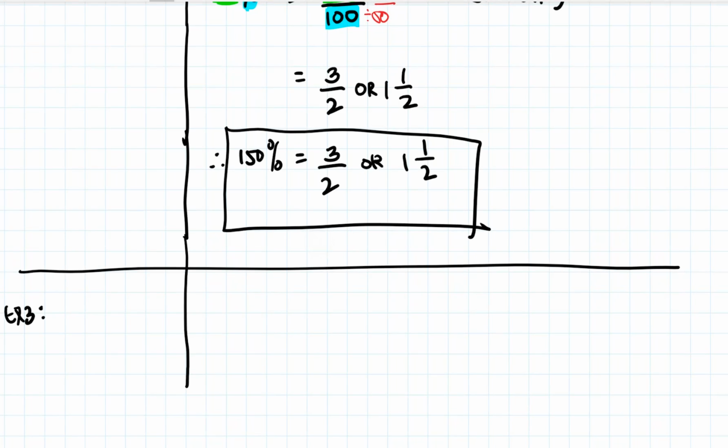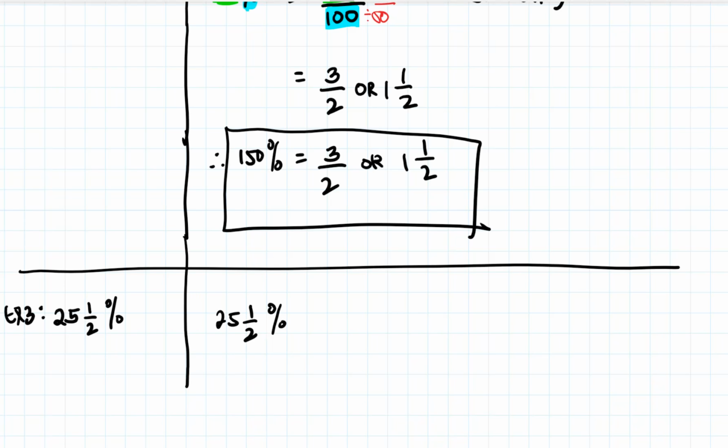Let's say for example I'm given a percentage with a fraction. How would I change that to a fraction? So you have 25 and 1/2%.